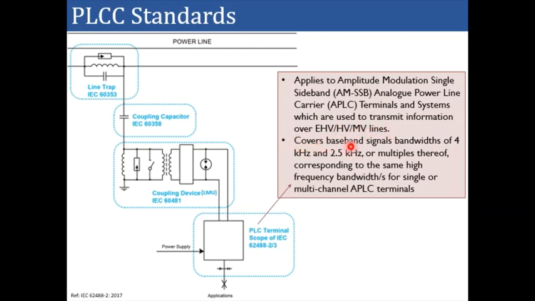It covers baseband signal bandwidths between 4 kHz and 2.5 kHz or multiples of those frequencies corresponding to the same high frequency bandwidths for single or multiple channel terminals.